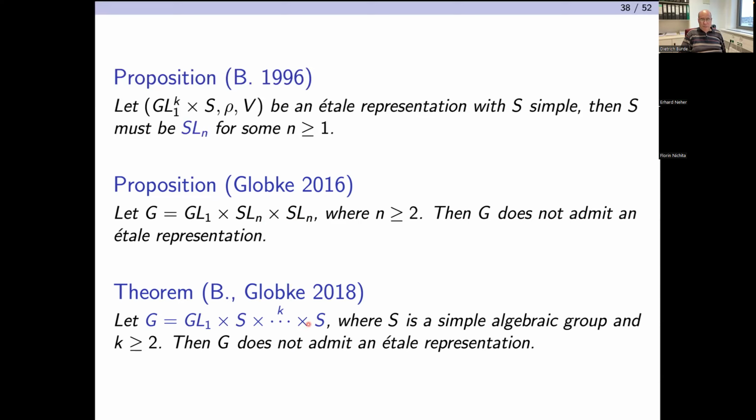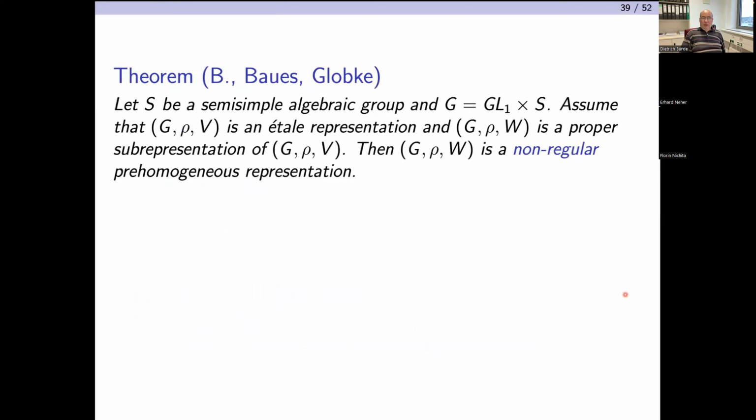You can have whatever you have here, k times, at least 2, because if it's only 1, then it can be only SL_n, but otherwise could be more. But that can also not happen. Aha. That's also interesting. And because of time reasons, let me skip the proof of this one here.